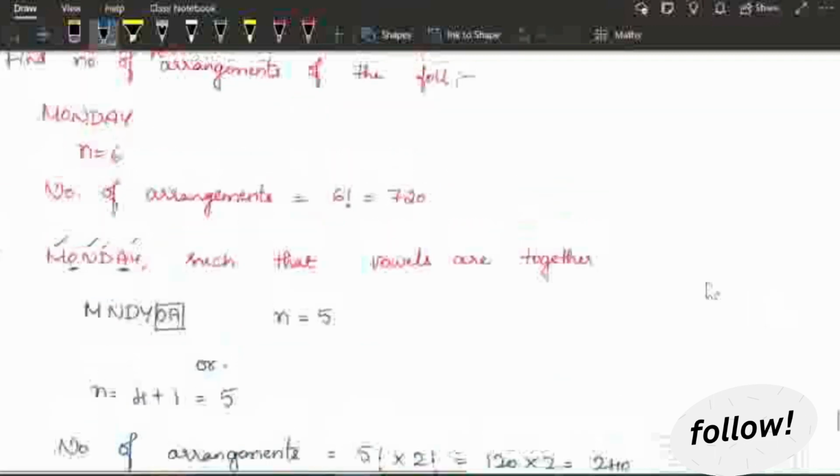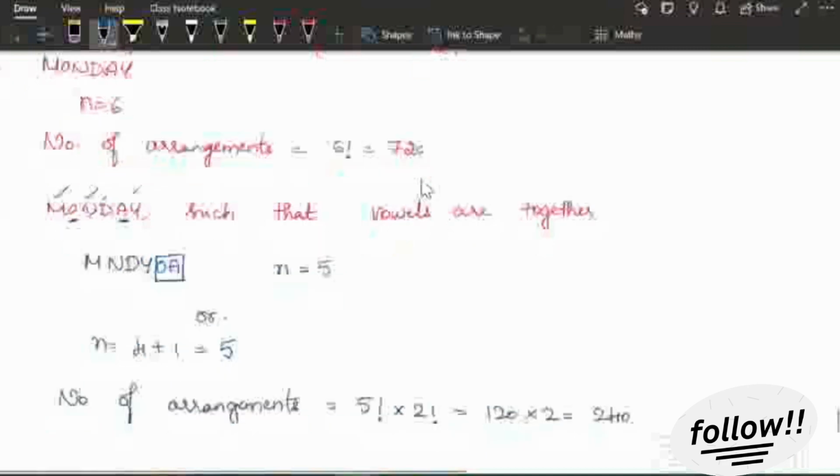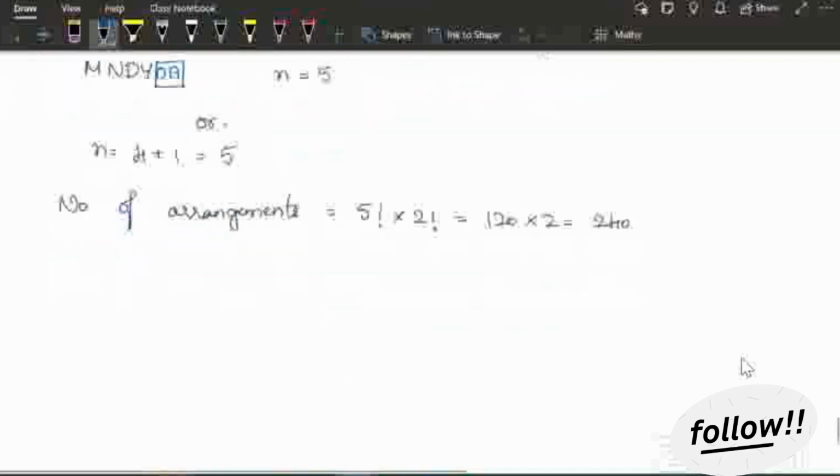So we have seen a word where we have rearranged all the letters without any restriction. We have seen a word where we had a restriction that some particular letters should always be together, and accordingly we have counted the value of n and found the number of arrangements.